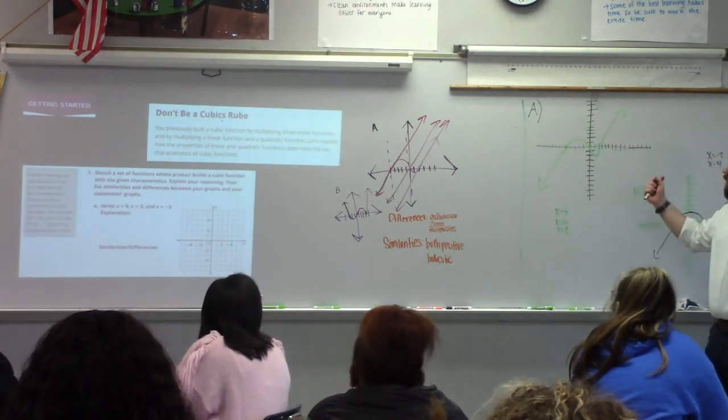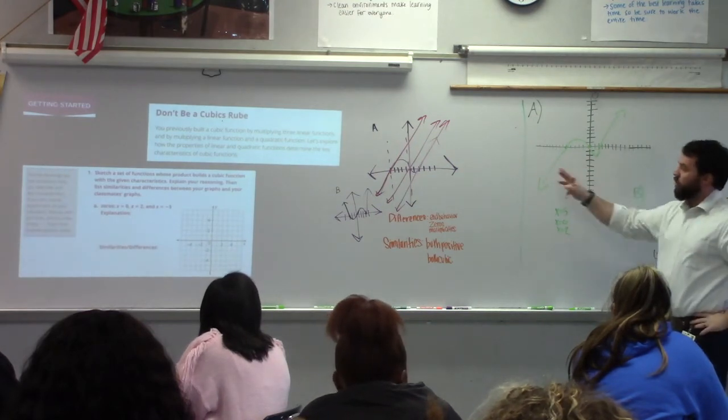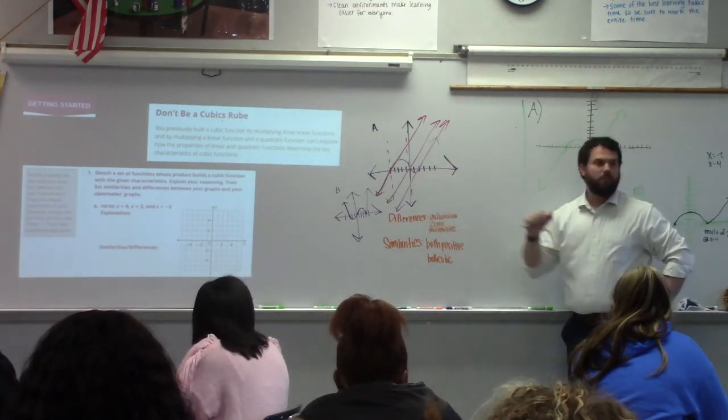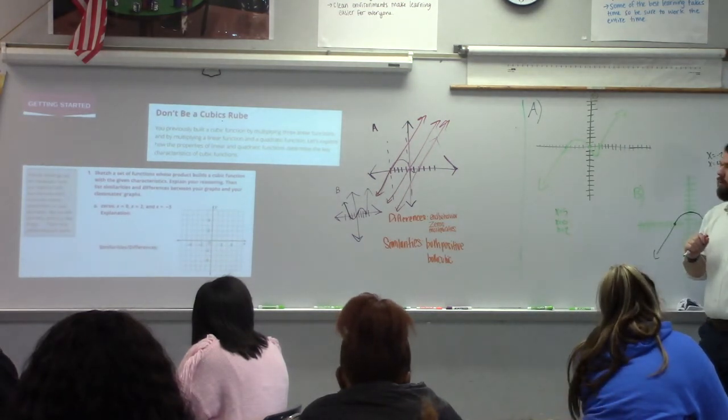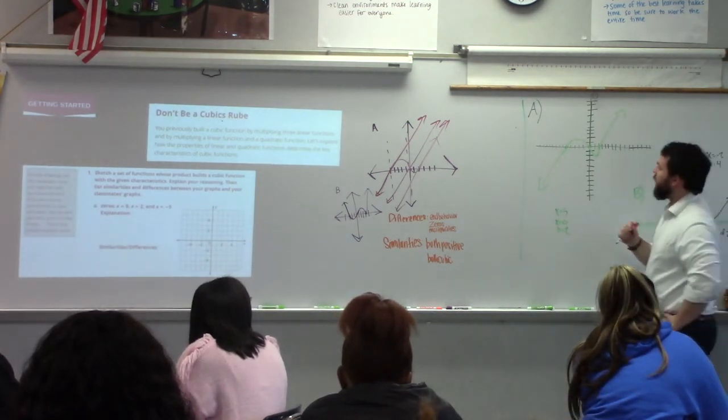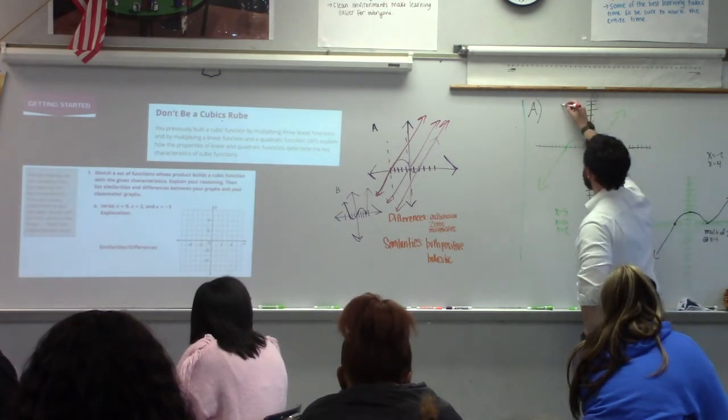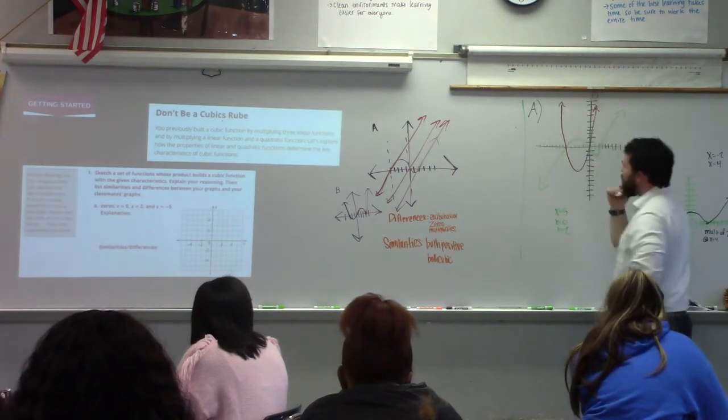Is there any way I could draw 3 different lines to also do it? Yes. Could I do a parabola here? Maybe. Well, if I have a parabola, I need to go through 2 x-intercepts, right?